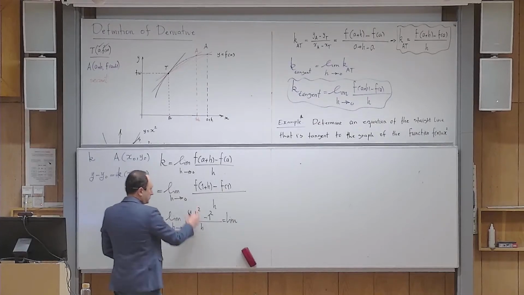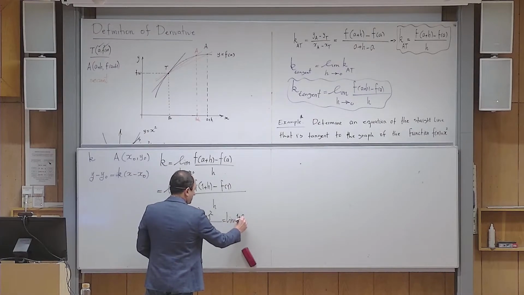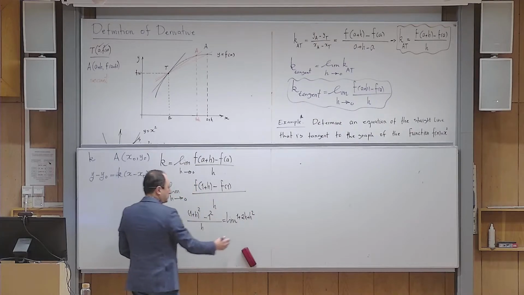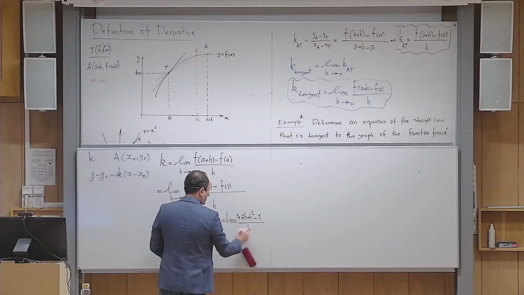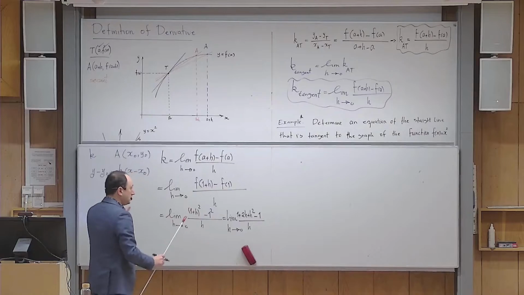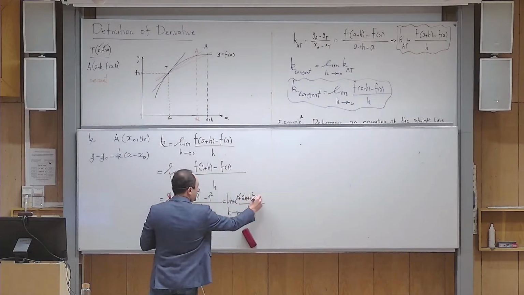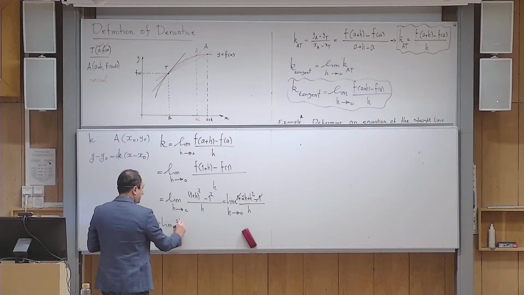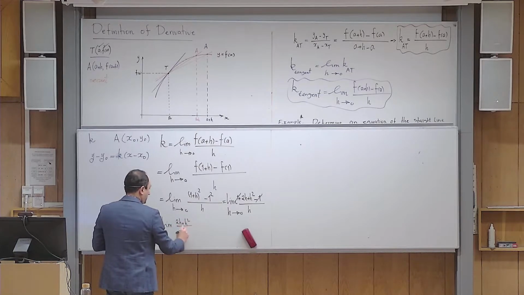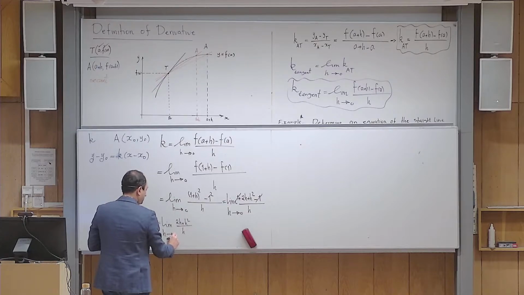Expand, simplify. So the first one squared, 2 times the first one times the second one, plus the second one squared. And then minus 1 to power 2 is just minus 1, divided by h, h goes to 0. Yes? And then this 1 and that 1 are cancelled. So this becomes the limit of 2h plus h squared over h, h goes to 0.